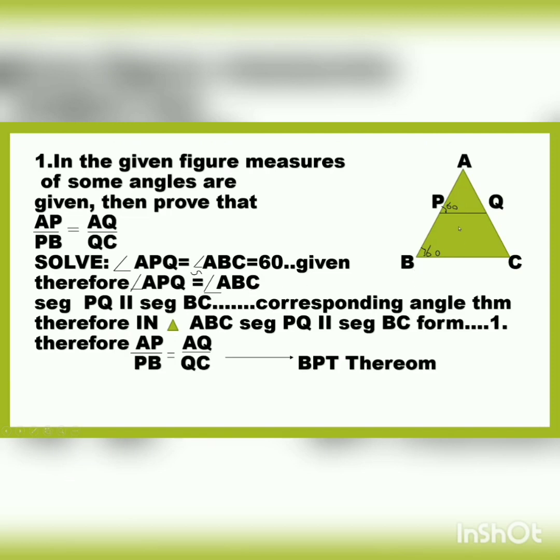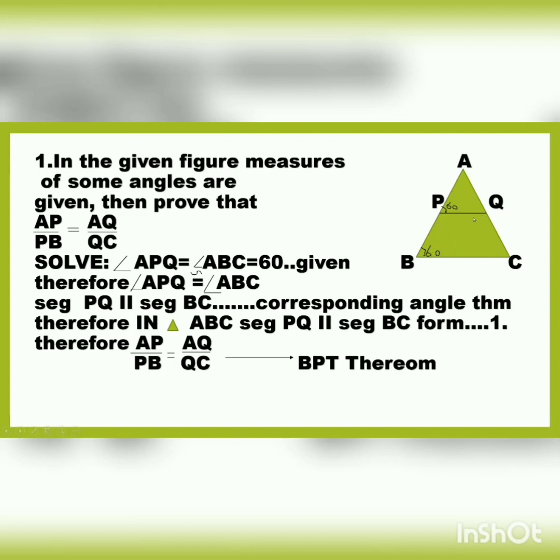Again observe the figure, in triangle ABC, this angle APQ and this angle ABC, both angles lie on segment BC and segment PQ. Both angles are corresponding angles, this angle and this angle. Both are corresponding angles because both are congruent.